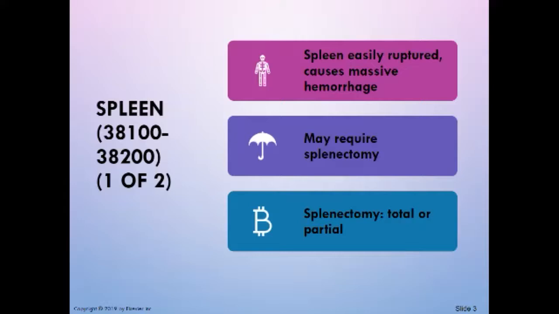And then look at our add-on code, 38102, total en bloc for extensive disease in conjunction with other procedure, so you would have to list it with other procedure codes. But that's the excision of our spleen.